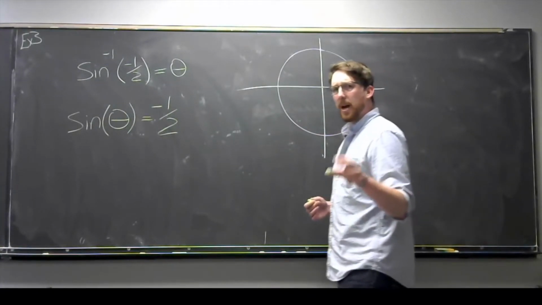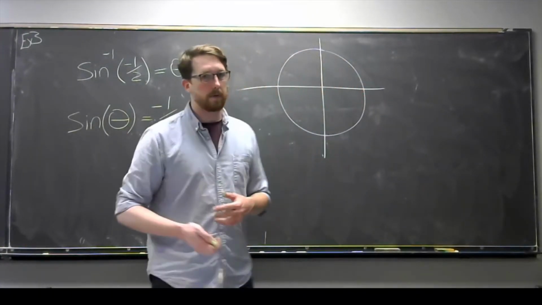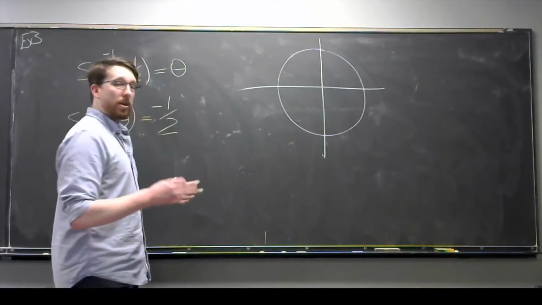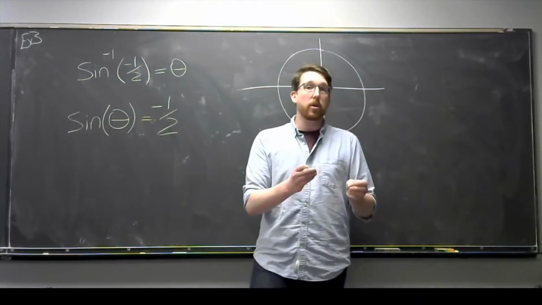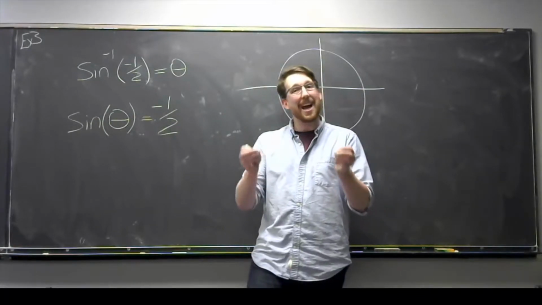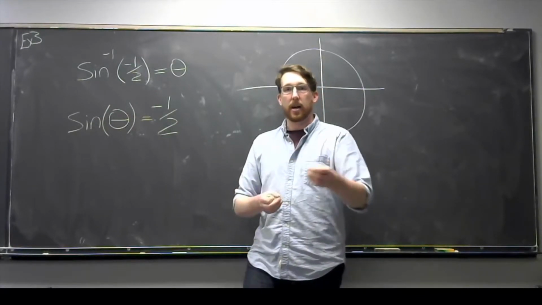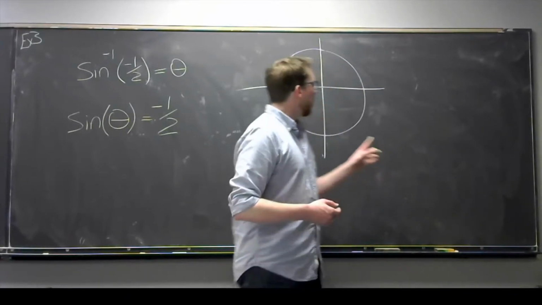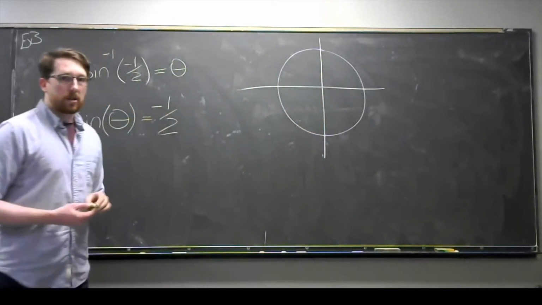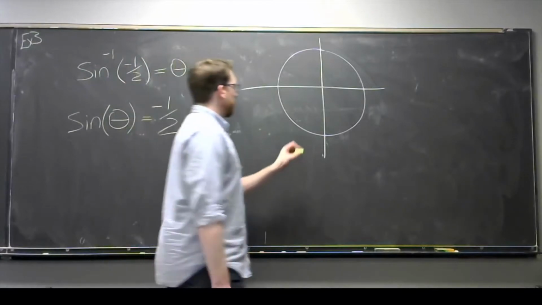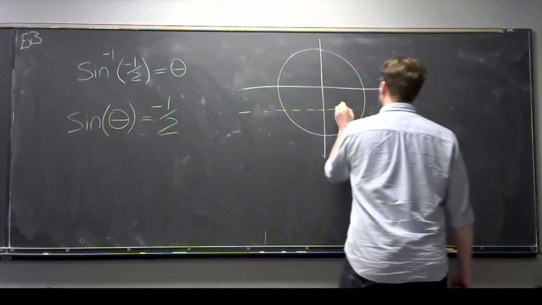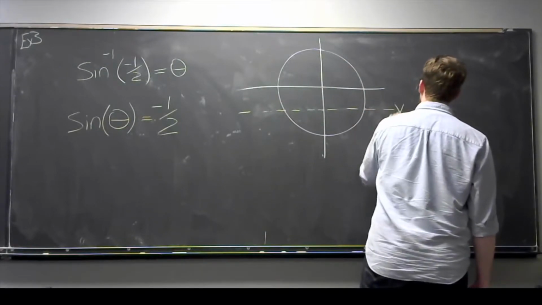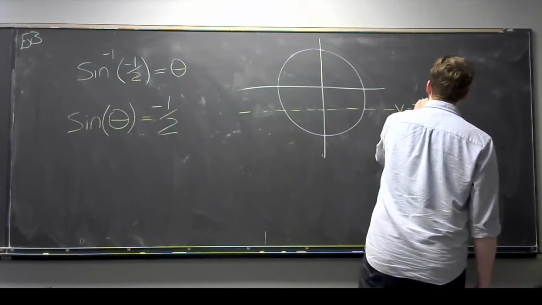Well, if we take this back to a unit circle type perspective, what this tells us is whatever the angle is, the y value of our point at that angle is negative 1/2. So we can take it back to the unit circle and think of it there. This is the line y equal to negative 1/2.